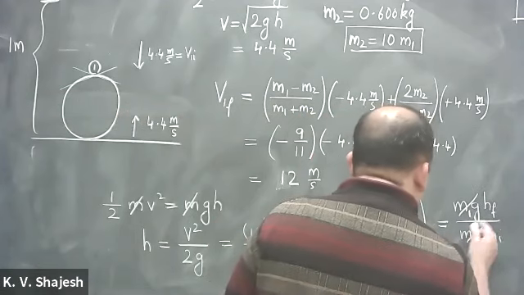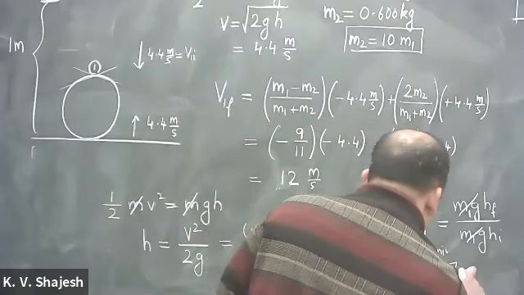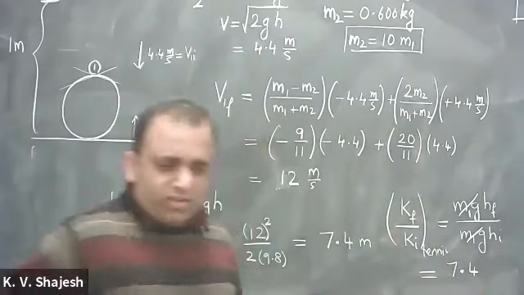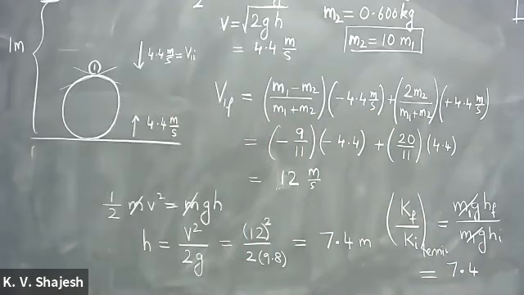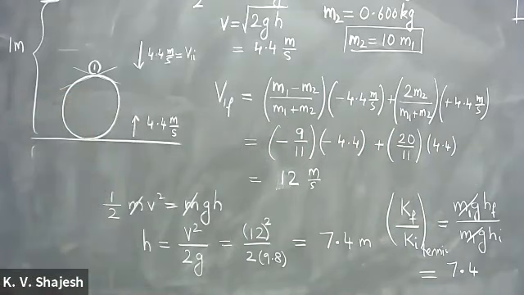The m1g cancels out, and h final over h initial is 7.4. So the gain in energy is about 7 times, significant. You're multiplying it by 7. And this also is used in a trampoline. You will see in that video how this can be used when you're jumping on a trampoline, if your friend can help you go higher.